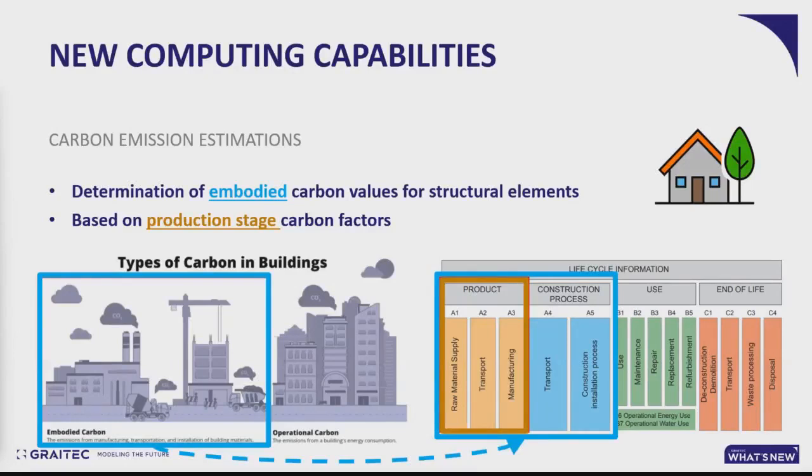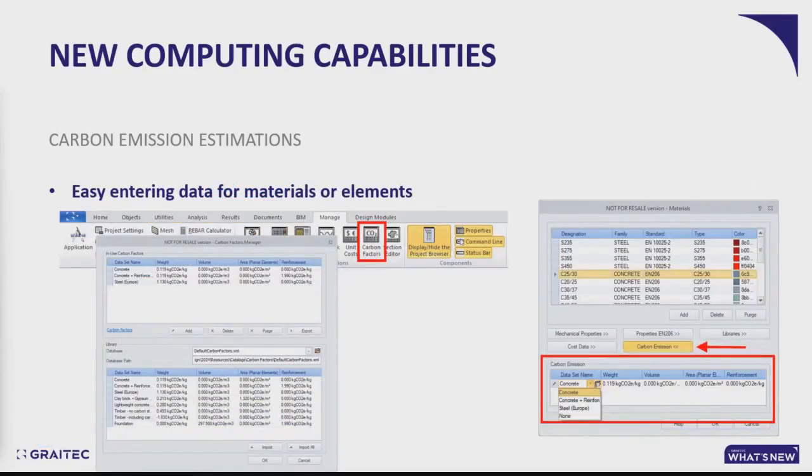That's why carbon factors and carbon emission for a structure is estimated based mainly on materials used for a structure. Carbon factors are defined by the material type, and even for the same material can be different on each country and even for each producer.